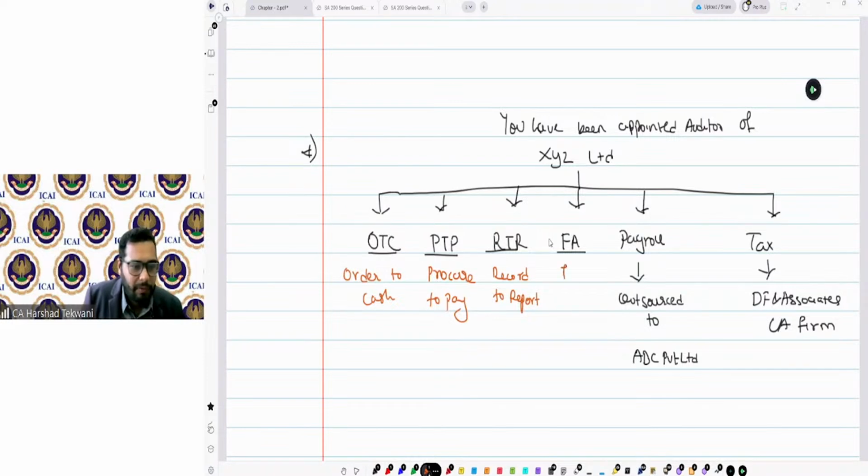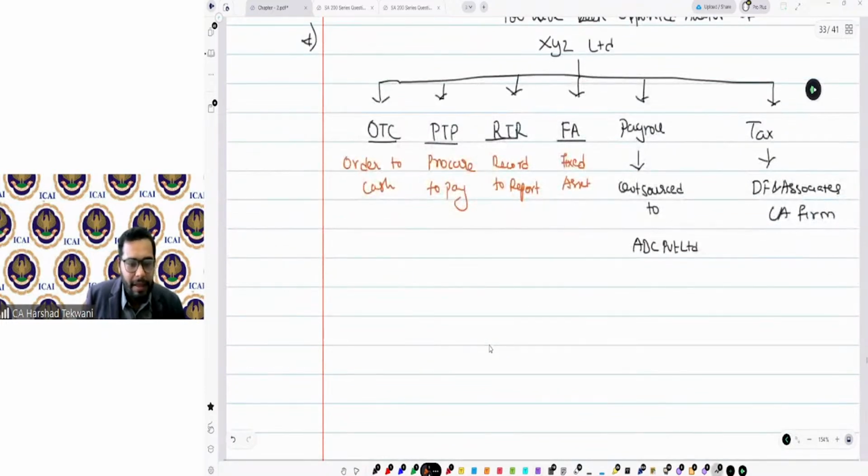FA is the fixed asset process. Now, these are managed in-house, means these processes are being managed within the company itself.